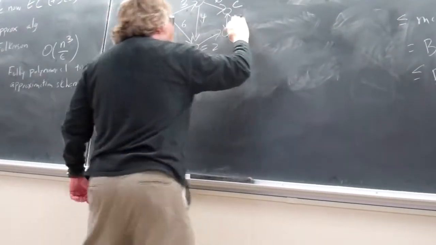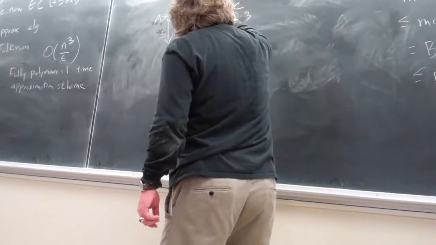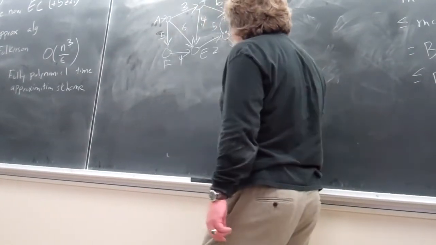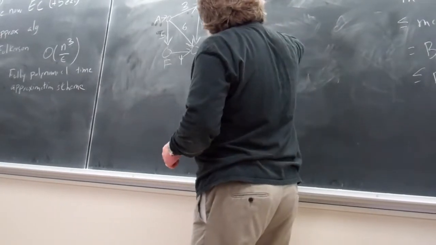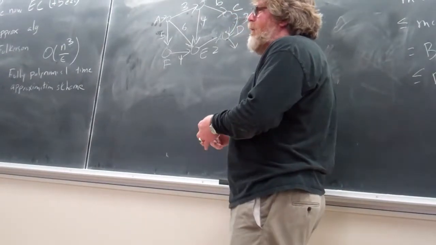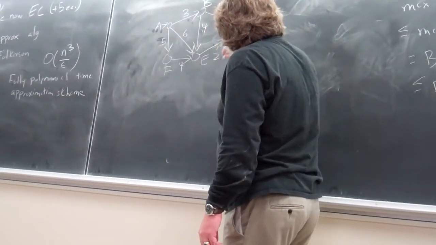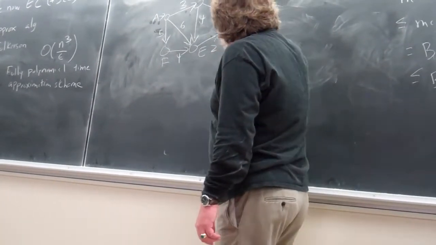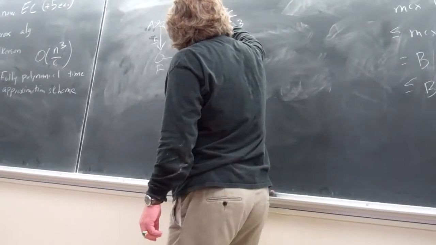So maybe you have capacity 3 going from C to D, but capacity 5 going from D to C. In this case, since D is our outgo node, we won't actually be using anything going out of D. So let's maybe put in an edge here.